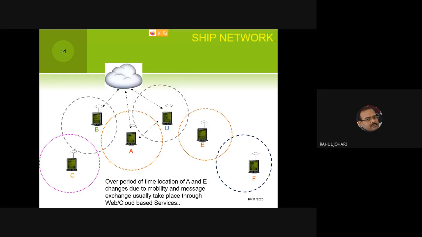Now this is the last category of the ship network, where we also bring the cloud into the picture, because nowadays you cannot have a network which does not have a cloud attached to it. And those of you who are working in the area of cloud, or you may like to work in it, we should really feel proud to see that we in India have got our own cloud. It's called Meghraj Cloud, and it was designed and developed by the NIC.